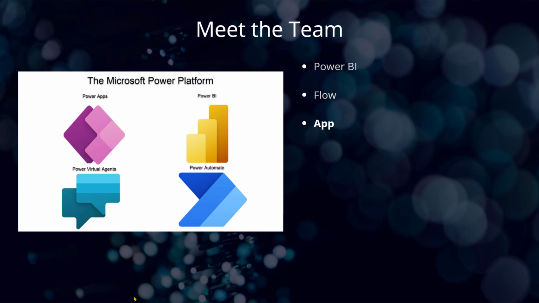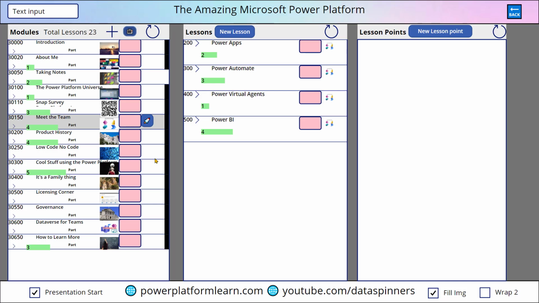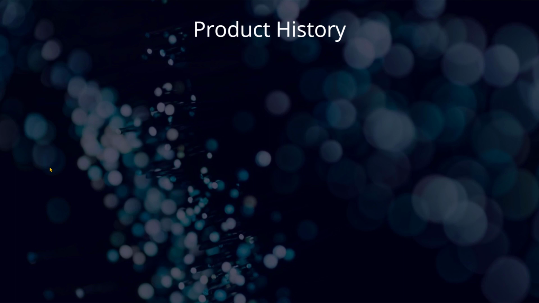You can actually do bookings with them. But as we'll see later on, they're probably the sort of thing that you either go all in with Power Virtual Agents or not in at all, and that's probably reflected in the licensing as well. So that's the Meet the Team piece.